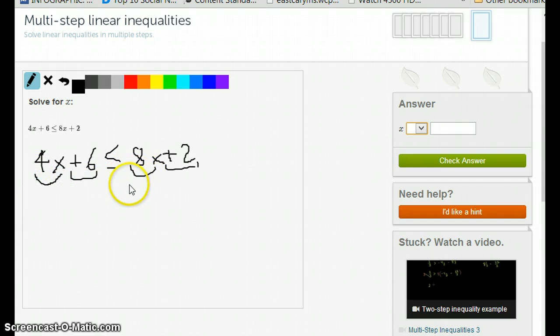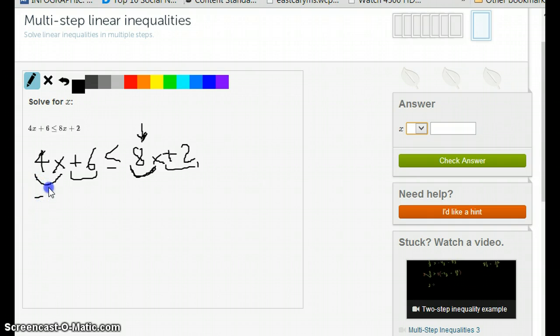We could do either one first. Let's put the x's on one side, and since this side has more x's than the other, we could just put the x's on this side. Doesn't really matter, but it keeps everything positive if we do it this way.